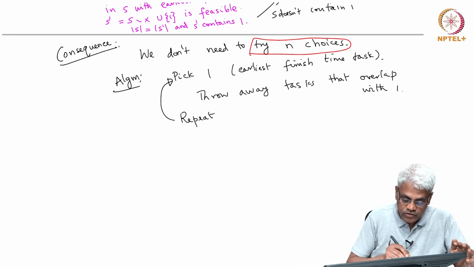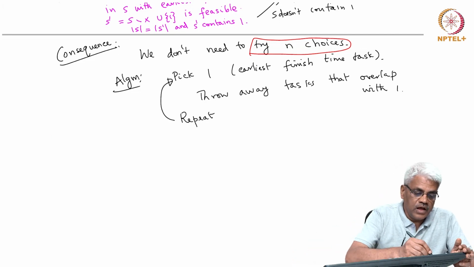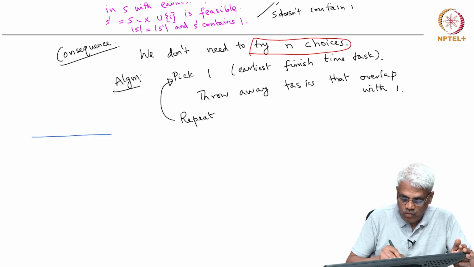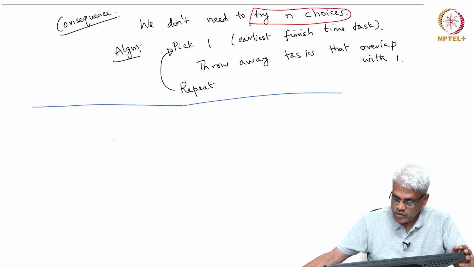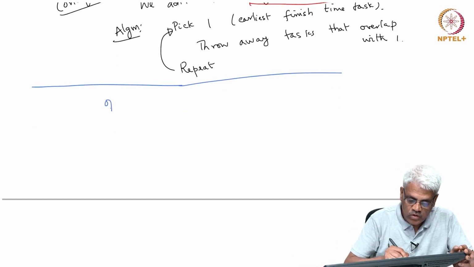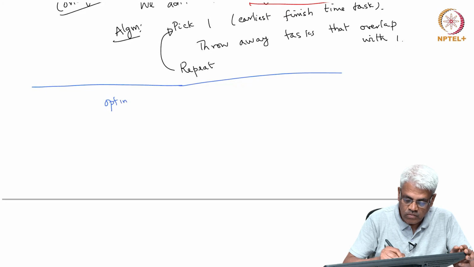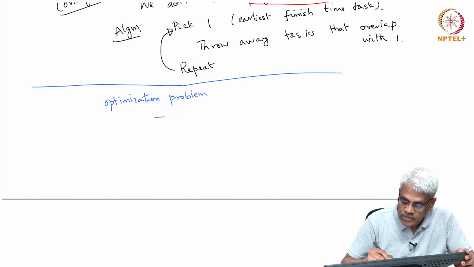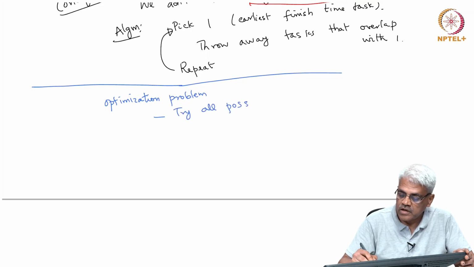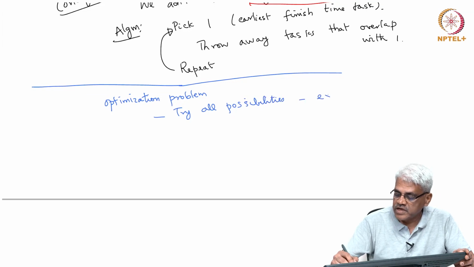So, what happens is, you have an optimization problem. Typically, trying all possibilities takes exponential time.